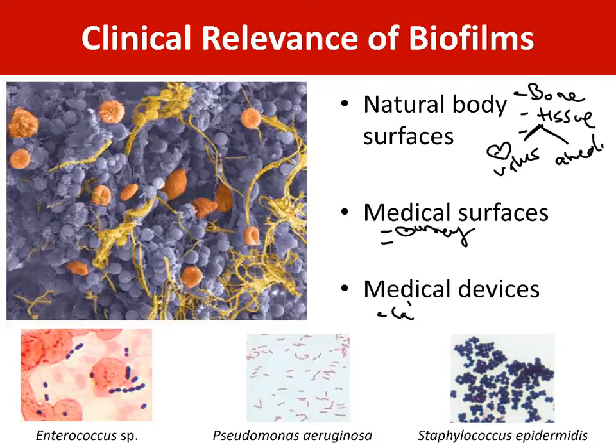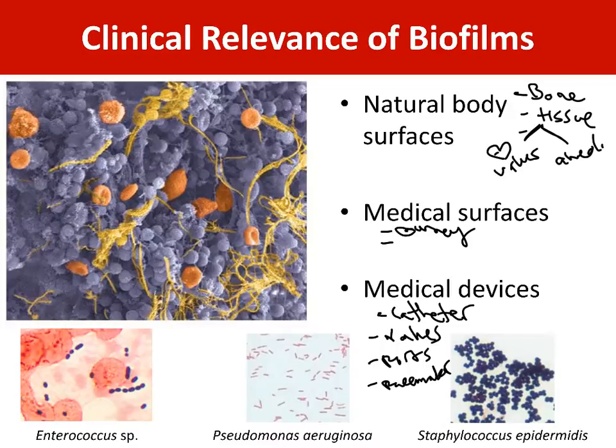So catheters are very notorious as acting as solid surfaces for biofilms to start forming on, but they're certainly not the only ones. You can have prosthetic valves, you can have ports, you can have pacemakers, anything that is a nice solid surface that gets into a body that's prosthetic has potential for biofilm formation on it.